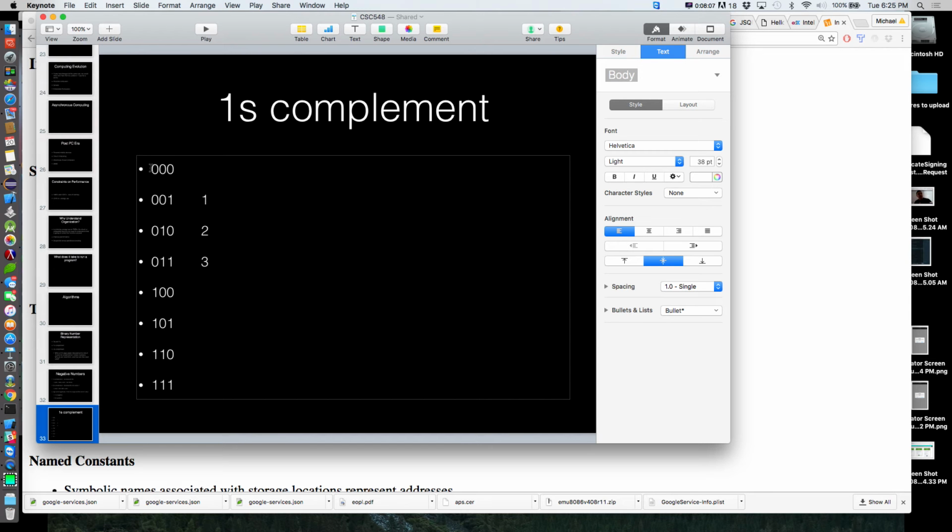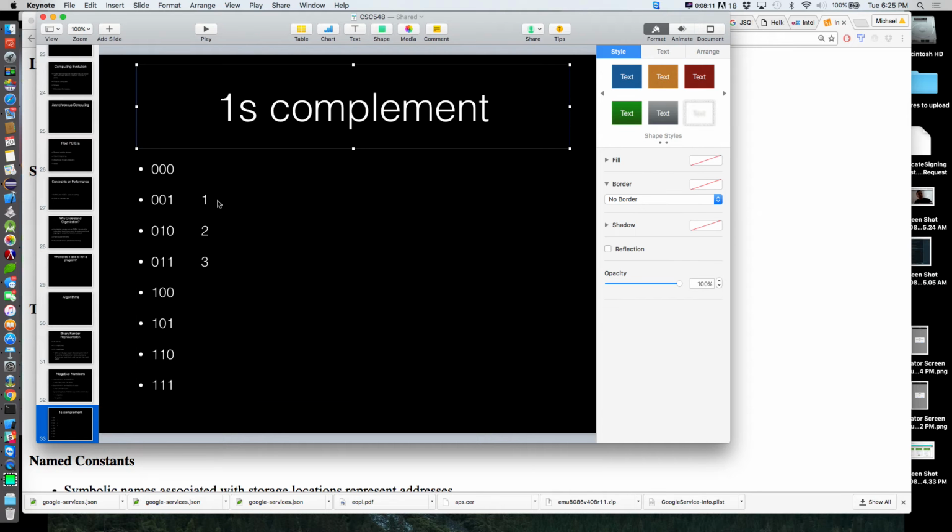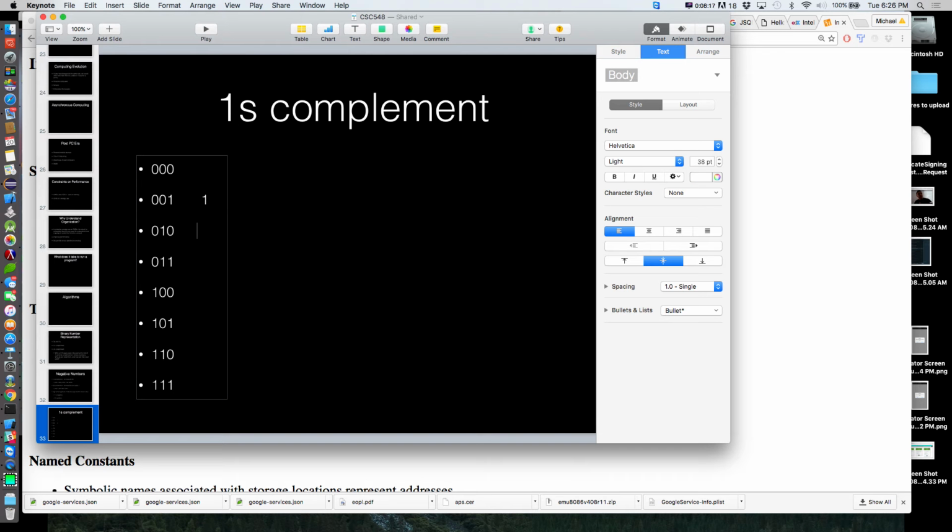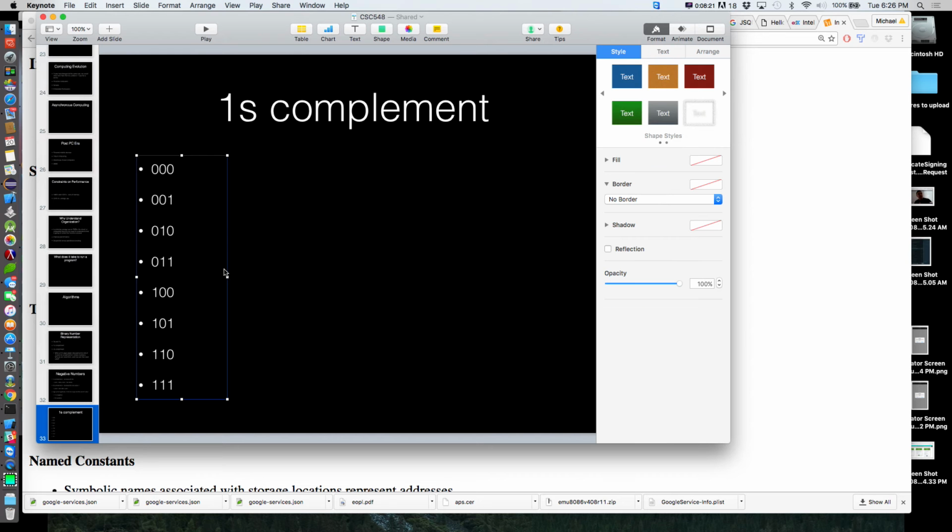All right. So if I'm looking at the 2's complement of this, and actually, here's a good way to pull this off. So I'm going to take this. Let's get rid of these guys here. All right, so those are our initial values.